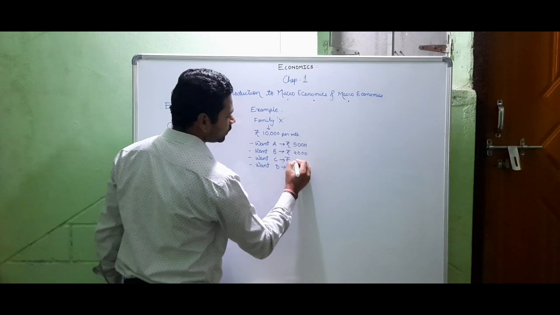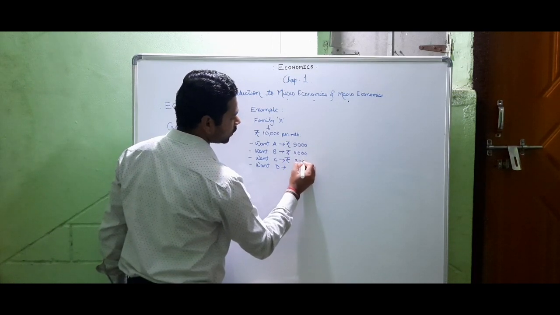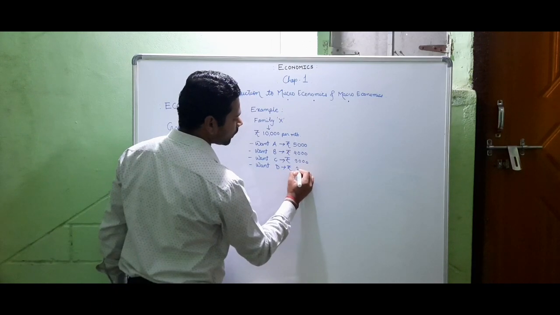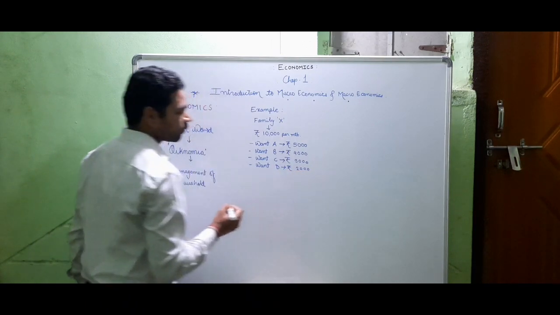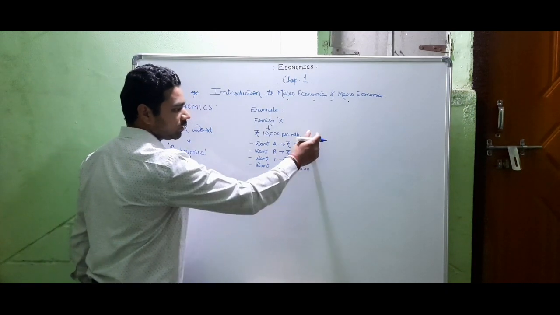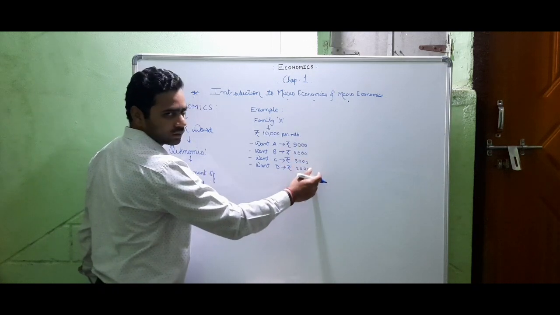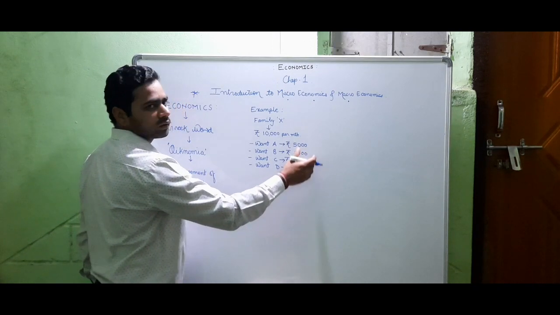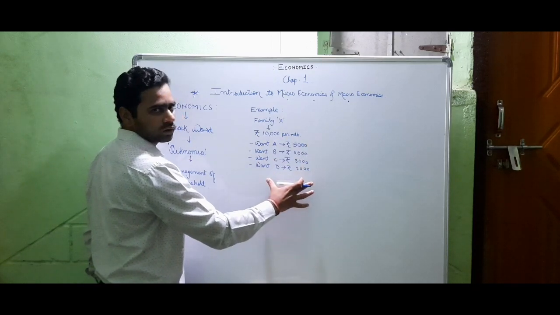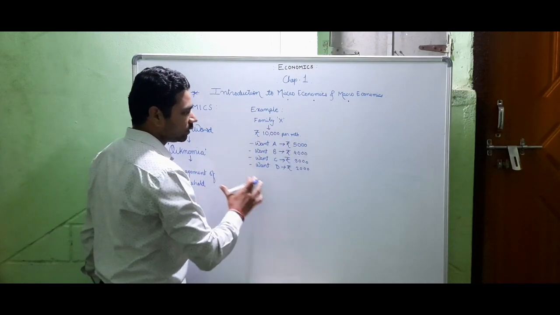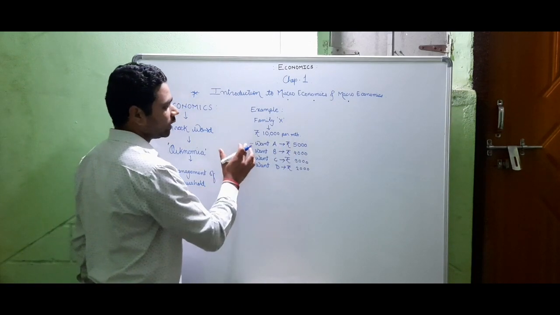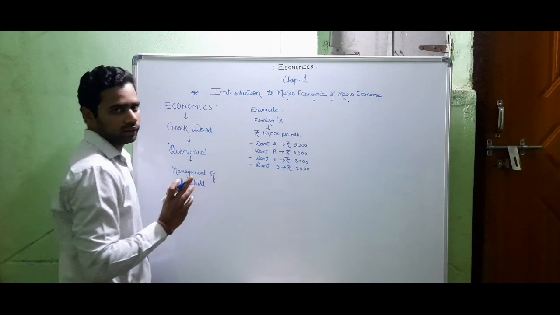For C they require 3,000, and for D they require 2,000. Okay, so these are the respective amount of money which the family X is required to spend so that they can get their all these wants satisfied, that are want A, want B, want C, want D.